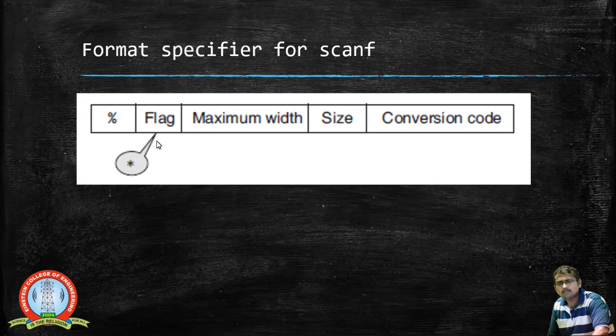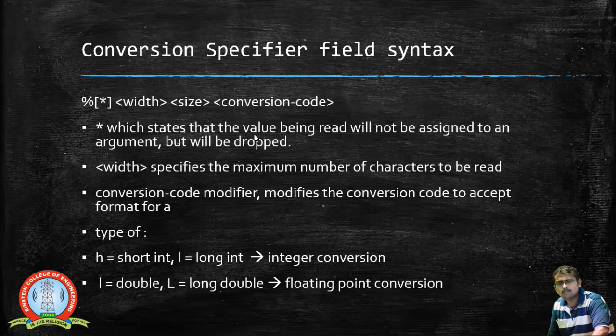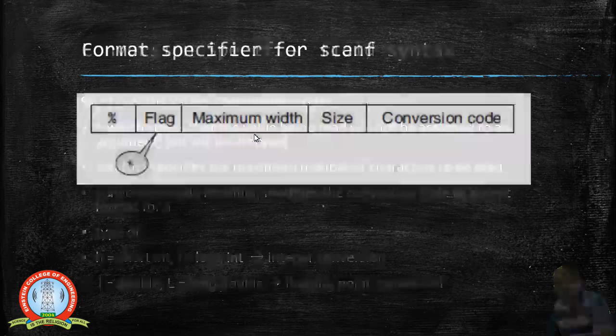Now this is the format specifier, I mean the control string specifier format. The syntax is like this: percentage, flag, which is optional, and the maximum width can be specified, and you can also specify the size, and then the conversion code, which is similar to this slide.